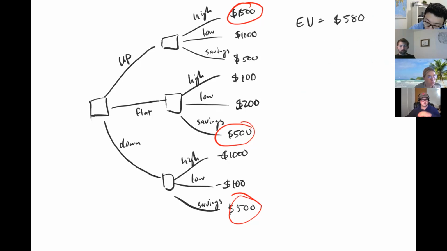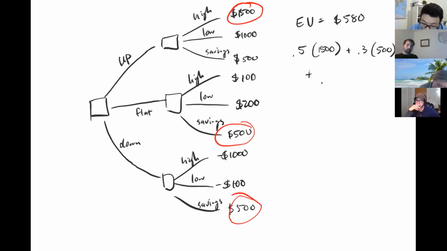So it would be, so half of the time I would be making $1,500, and then in both the 0.3, I would be making 500, plus 0.2, I would also be making 500.